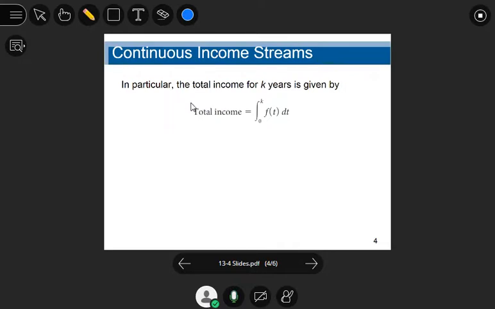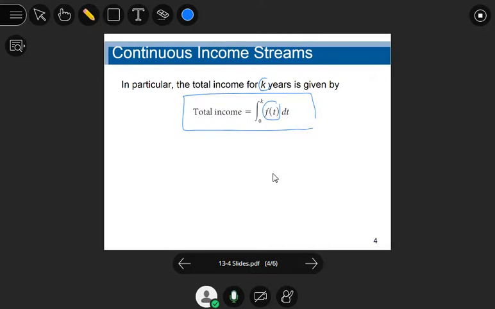This is the formula. We can calculate the total income by taking the integral between 0 and k of our income stream function f(t) dt. The special thing here is that k is in years. As an example, if we need to calculate over 6 years, k becomes 6.